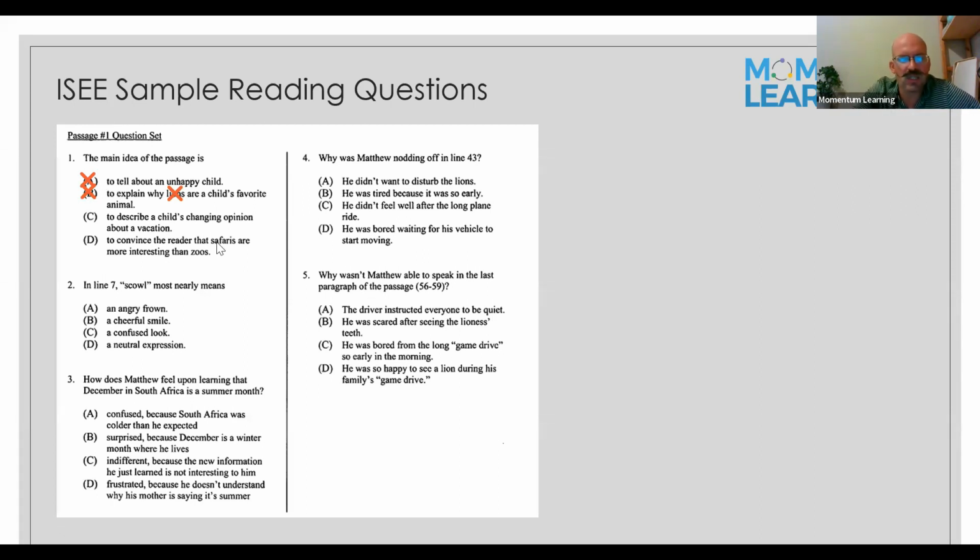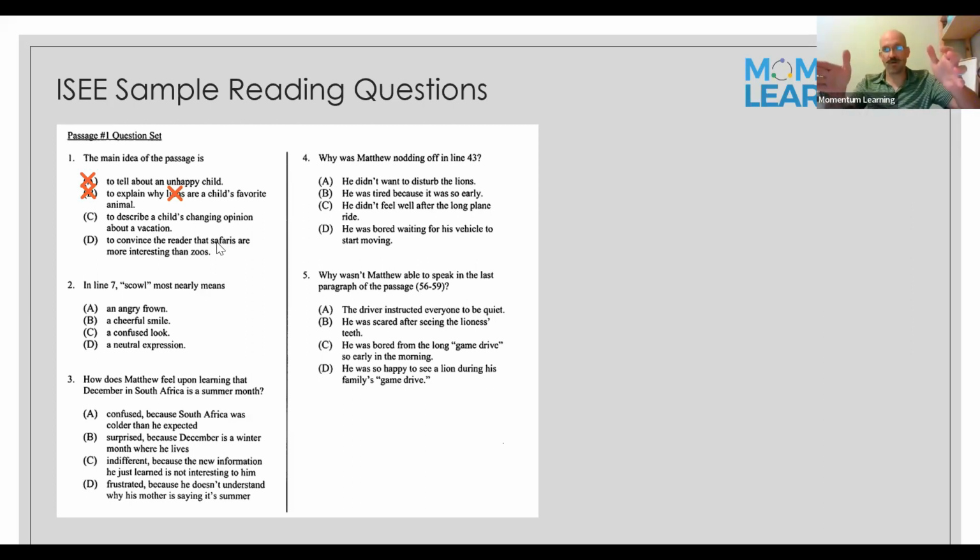Wonderful. All right. So to describe a child's changing opinion about a vacation, or to convince the reader that safaris are more interesting than zoos. Is this a persuasive paper? Samuel, is this a persuasive paper? No, it's not.